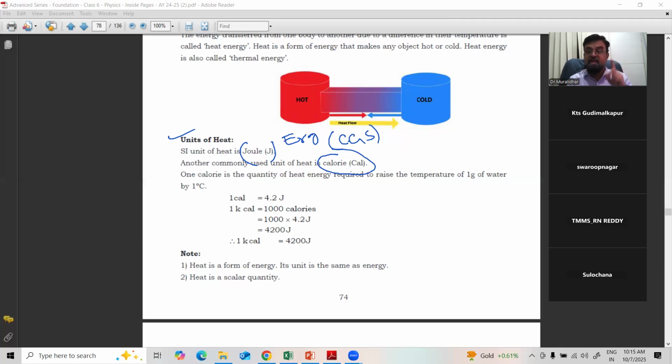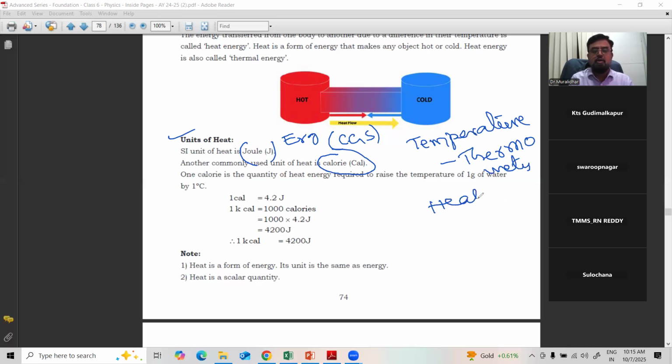As temperature is studied in thermometry, we will come across temperature later. Study of temperature is called thermometry, whereas study of heat is called calorimetry. We'll come across it in higher classes. Okay. So another common unit is calorie.